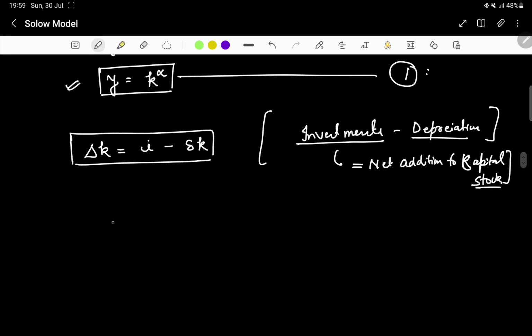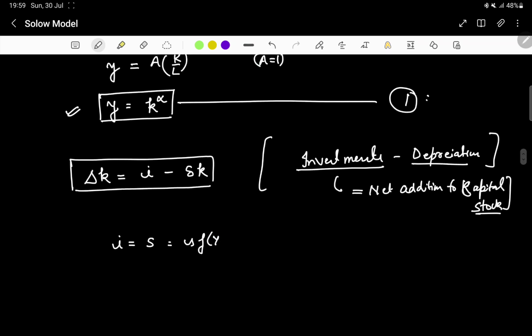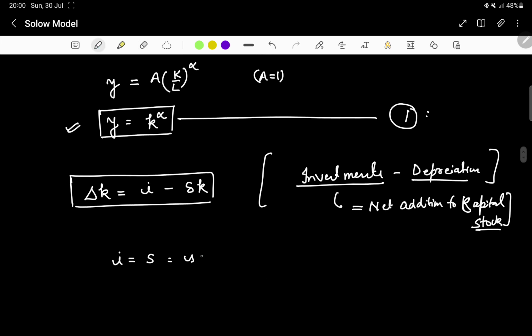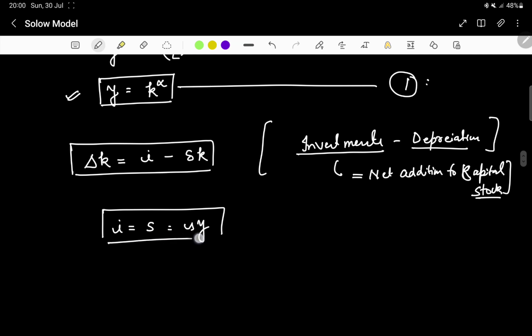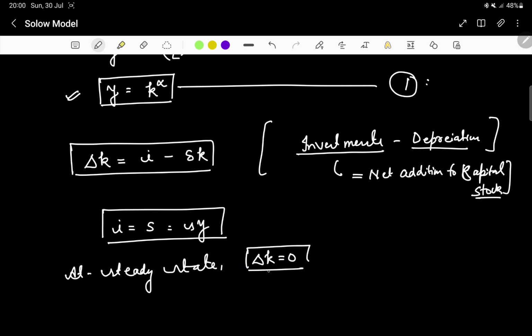In this model we also assume, since savings equal to investments, that investment is equal to smaller s times f of y. Since we have derived y, we can write f of k alpha. This is nothing but y. Okay, and at steady state, change in capital stock per capita will be 0.